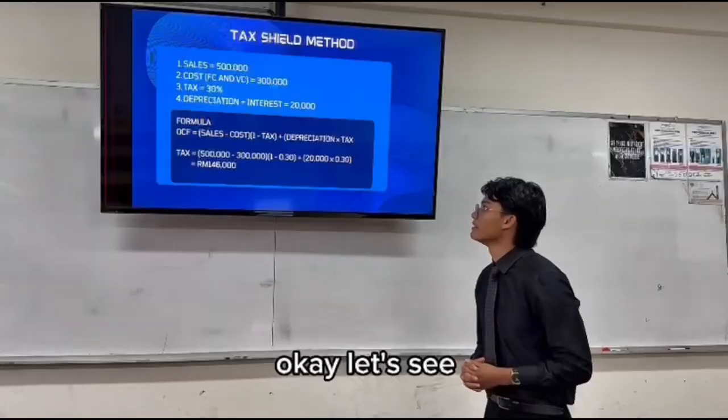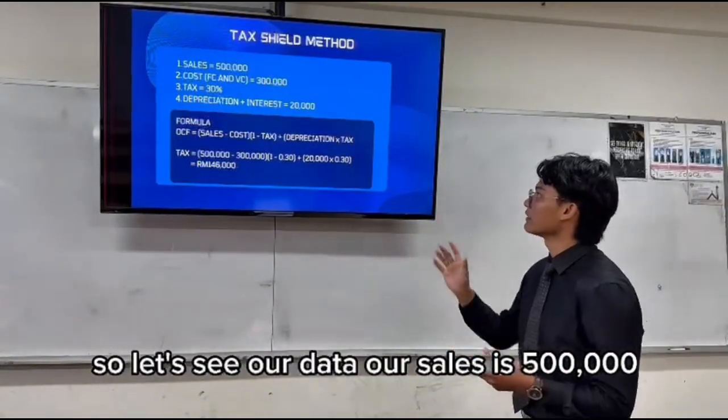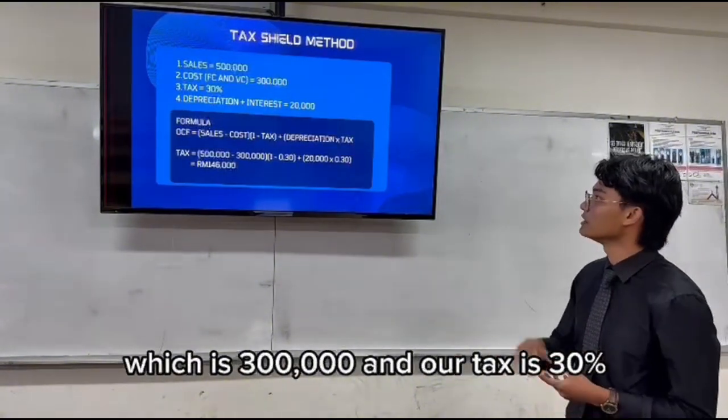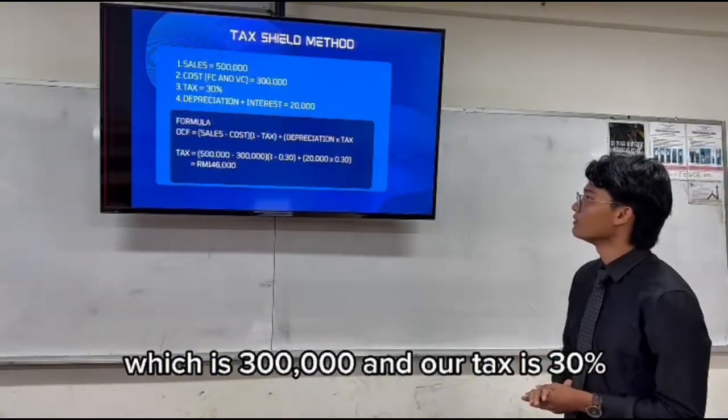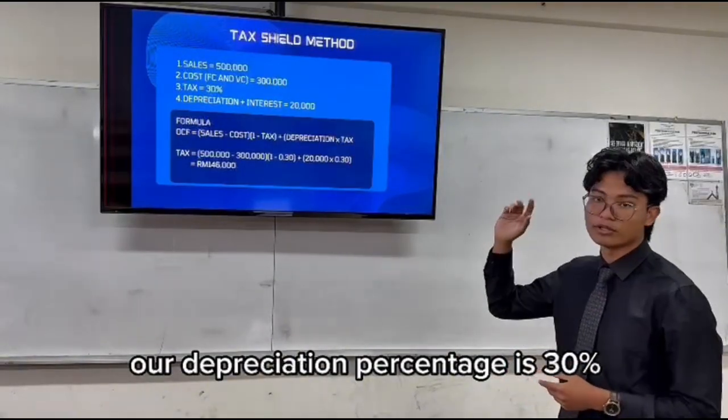Okay, let's see our data. Our sales is 500,000. Our cost is fixed cost plus variable cost, which is 300,000. Our tax is 30%. Our depreciation percentage is 20%.